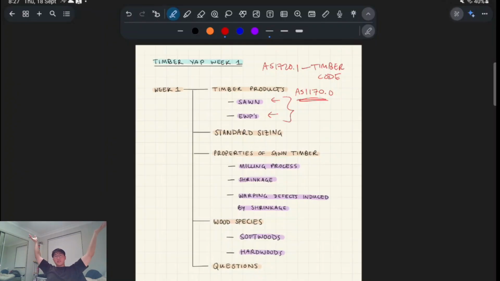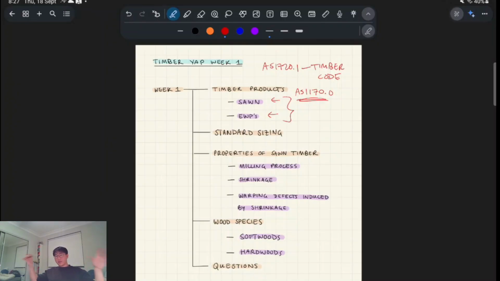But for now, we're just going to be talking about timber generally, its application in engineering. It's kind of its biological properties, because unlike steel and unlike concrete, there's a lot of biological variation in the structural material, which is very cool. It leads to a lot of variability factors in the code.